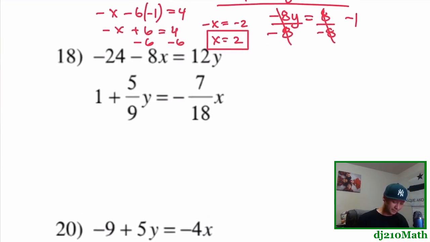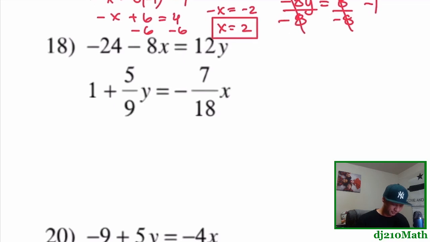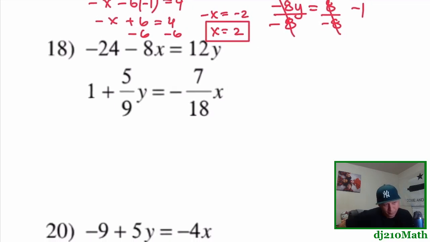All right. Number 18. Okay, so this is our first instance where we're given fractions. What the fraction? What are our thoughts? I'm thinking, let's clear the fraction. I'm also thinking we can factor out some numbers up top if I wanted, but I definitely want to clear the fraction.